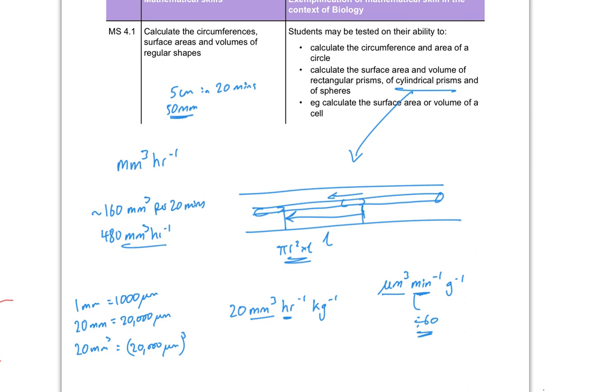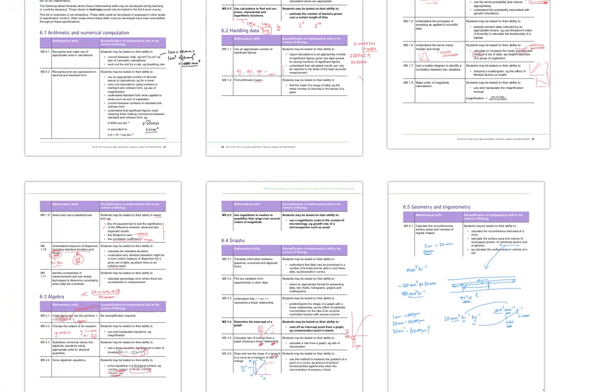If I had a gram of biological material, that's obviously going to be doing less respiration than a kilogram of biological material. So I need to divide by 1,000 as well. Those I just think through logically. They tend to be an easier conversion, but they do crop up quite often, do unit conversions.